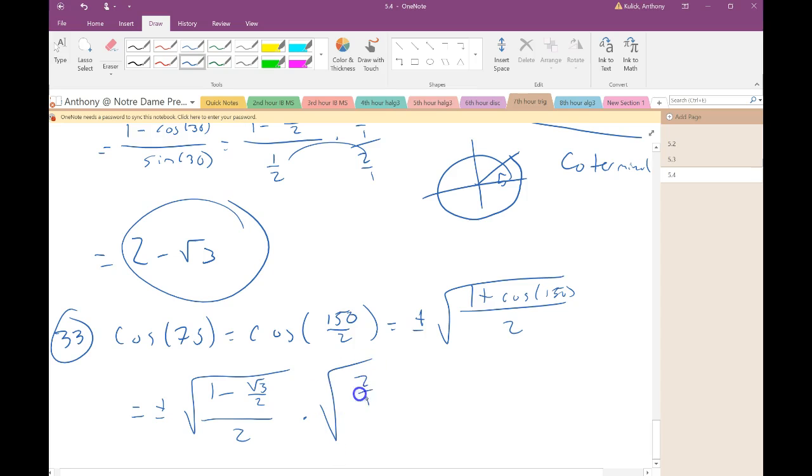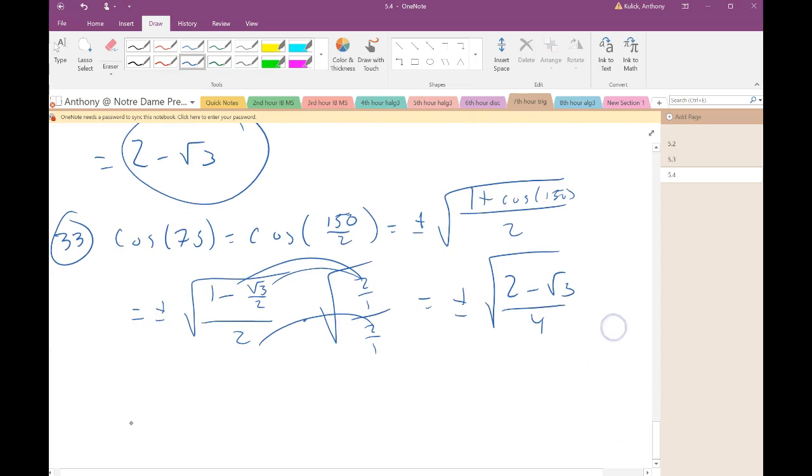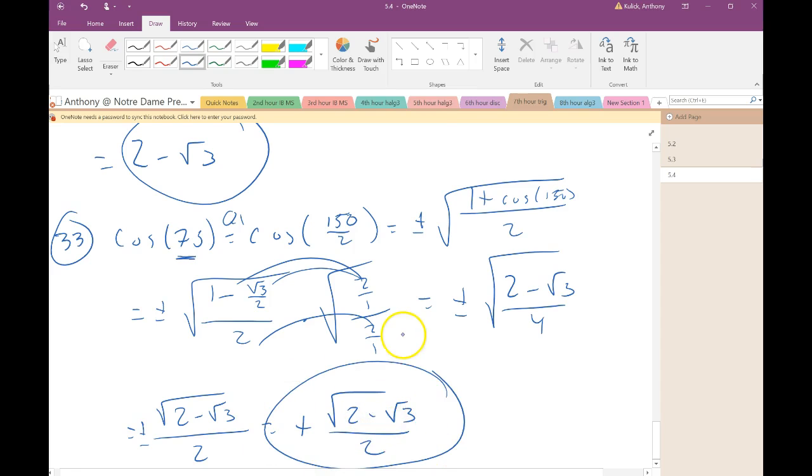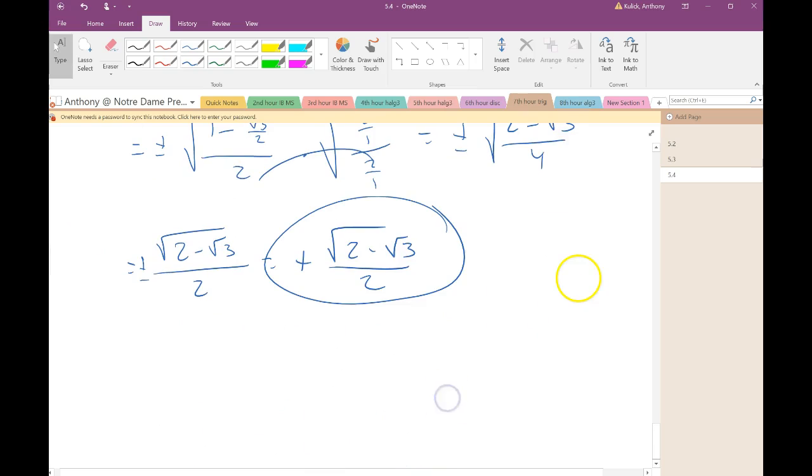And we'll clear that fraction out of there. And do I want the positive or negative here? I'm in quadrant 1, so I want the positive. Done with that one.